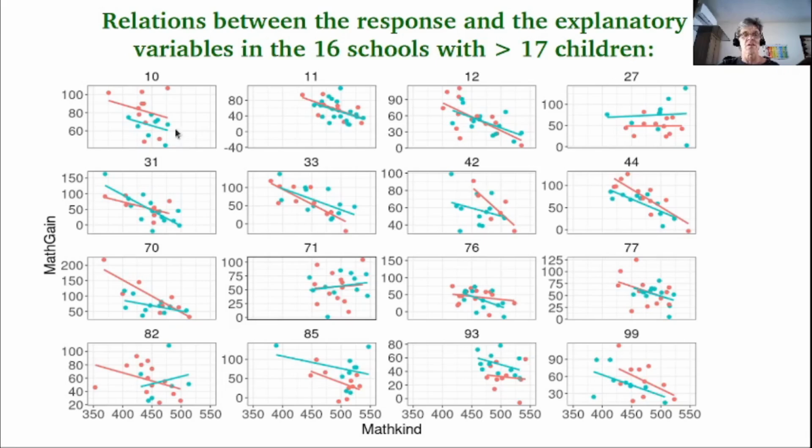This is a total of 4 by 4, 16 schools, and here we see the relationship between the explanatory variable and the response variable, with different colors for the genders. Here we see essentially the same relationship in school number 10 for each of the sexes.